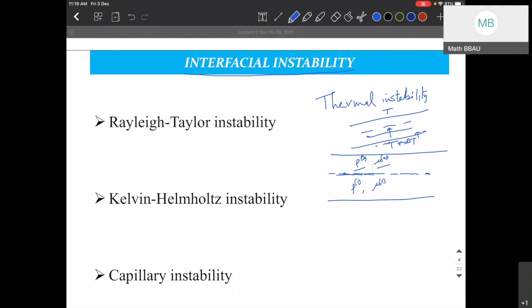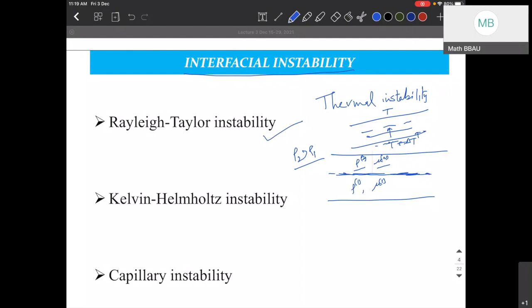So if the fluids are at rest, and rho 2 is greater than rho 1, meaning that the arrangement is top heavy, then definitely this interface is unstable, and this type of instability is called Rayleigh-Taylor instability.